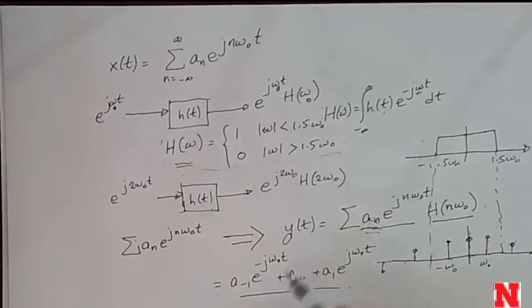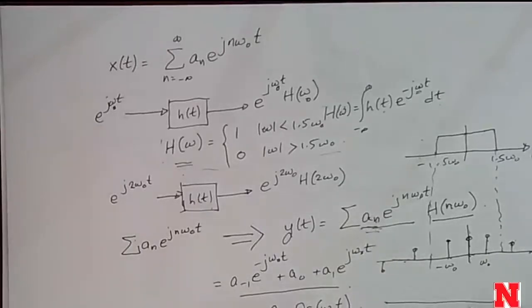Depending on what the values of a1 and a sub minus 1 are, I'll be able to write this as a0 plus, assuming that this is even, 2a1 cosine of omega naught t. Right?